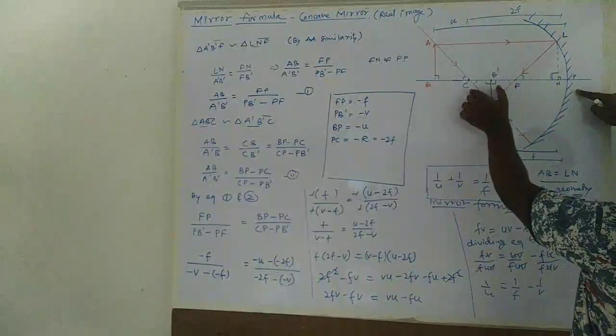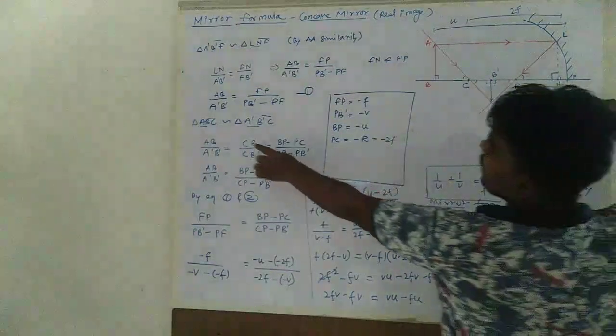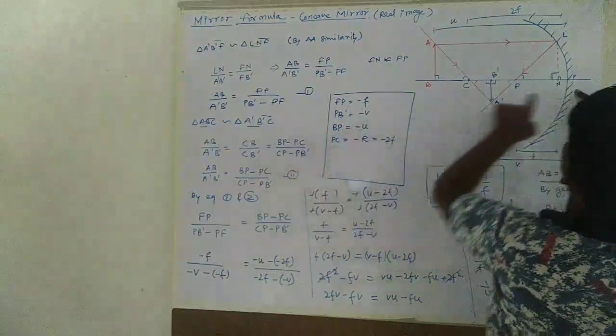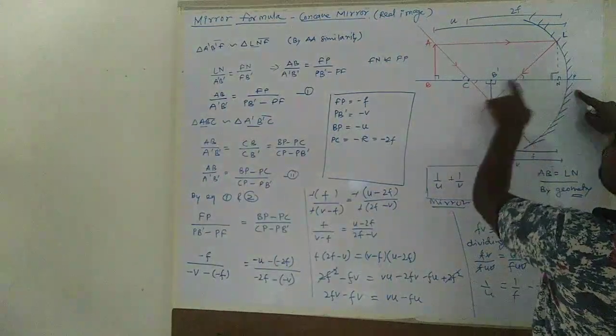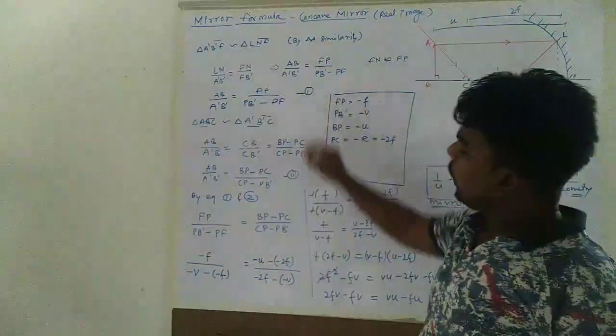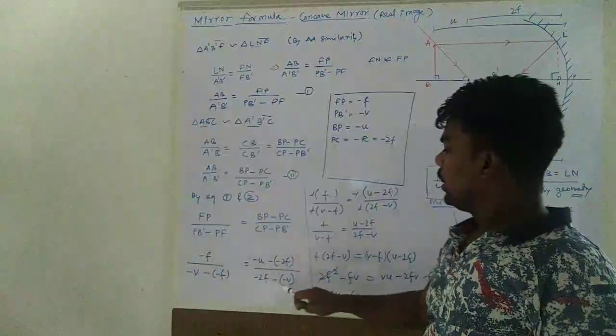And C dash B also we have written in the same form, BP minus PC, and C dash B we have written as CP minus PB. This we have taken, and that was your second equation. Both we have equated, and when both were equated, we got this relation.